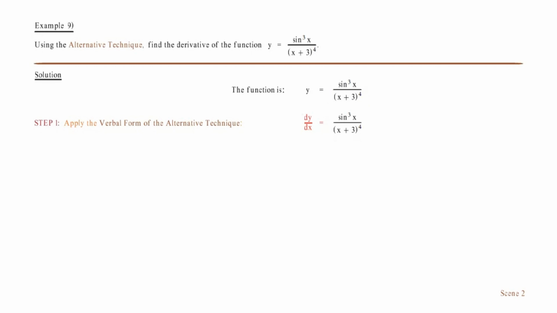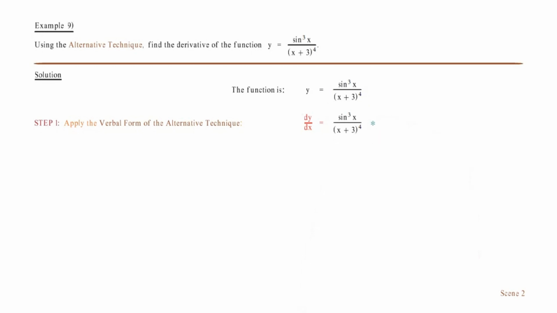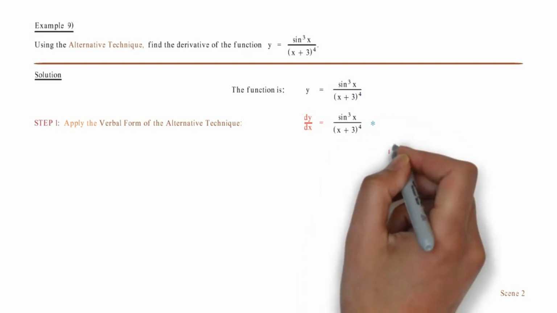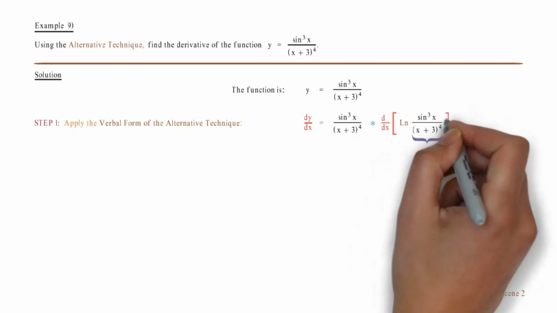Multiplied by is times. The derivative of is d by dx of. The ln of is ln. The right-hand side of y, as before, is this expression.